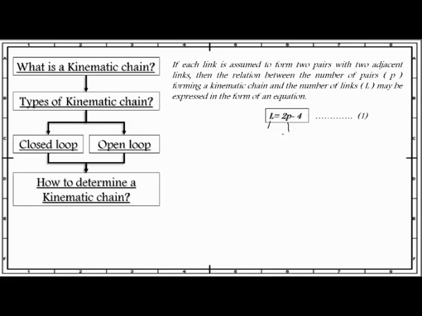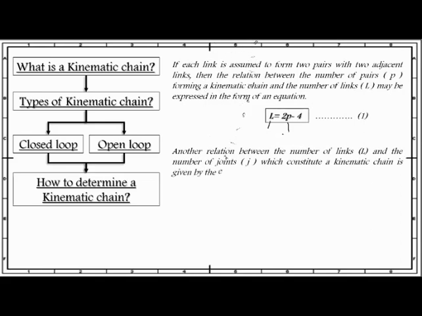Another relation between the number of links and the number of joints which constitutes a kinematic chain is given by the expression J equals 3/2 L minus 2, where J is the number of joints present in the mechanism and L is the number of links present in our mechanism. These two equations, equation 1 and 2, are applicable only to kinematic chains in which lower pairs are used.